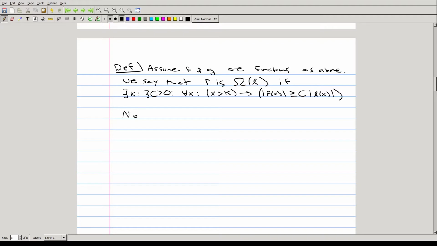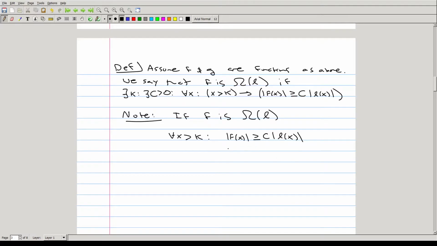For instance, I want to make a specific note here. If f is big omega of L, then there exists a k and there exists a c such that for all x greater than k, we have that the absolute value of f of x is greater than or equal to c times the absolute value of L of x.